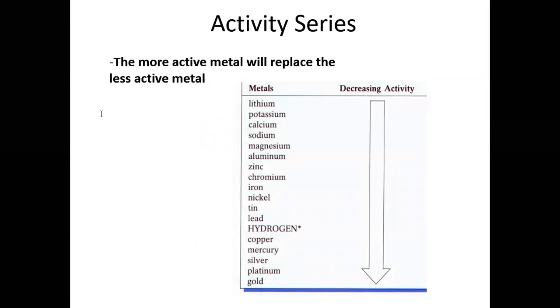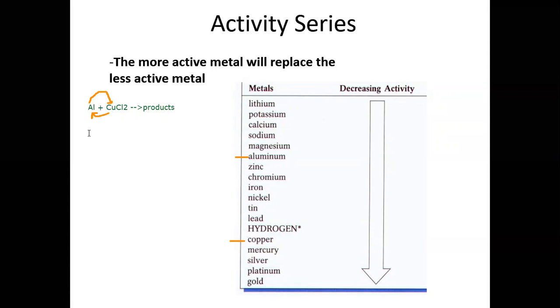And so we looked at, for example, aluminum plus copper chloride, and we had some products. And so the reason that this reaction occurs is if we find aluminum, it's located here. We find copper, it's located here. So since aluminum is above copper, it will displace the copper.